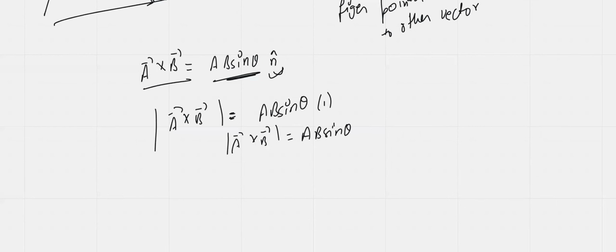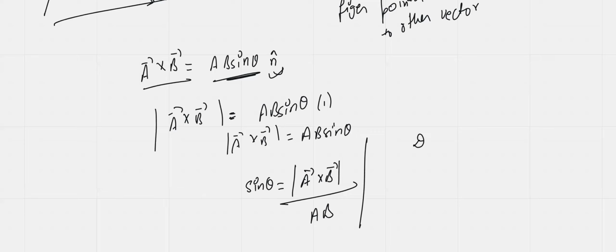Now another part: if you have to calculate the angle theta between them, you can take the magnitude of A cross B and divide it by AB. Got it? In the dot product, A dot B directly comes up as a magnitude, so we don't have to carry a direction. That one is AB cos theta, not sine theta.